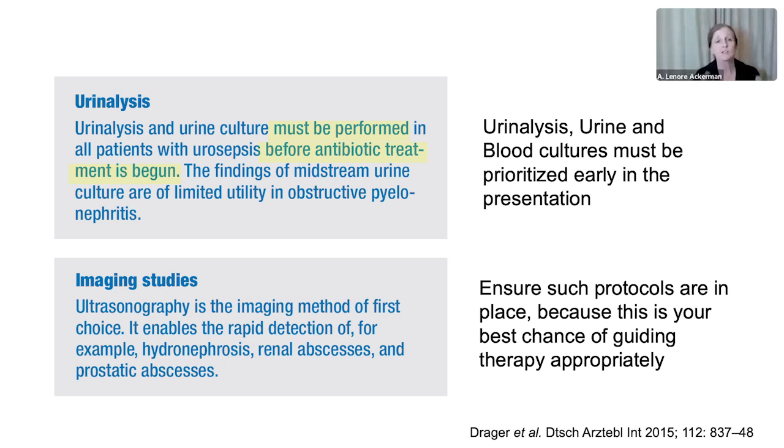And in order to actually treat them appropriately, and this doesn't mean you can't give them antibiotics, but if that wasn't actually the problem, you'll never know unless we get these things early on. And this is hugely important to have in place for health systems in general, not just urologic offices, to make sure that we can treat these patients appropriately.